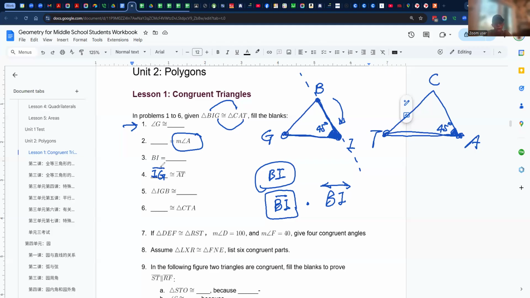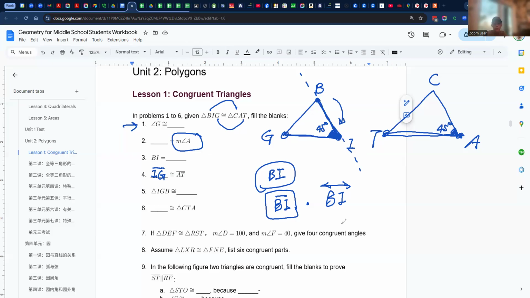good on that. Okay, number five, triangle IGB is congruent to triangle what? Okay, very good.